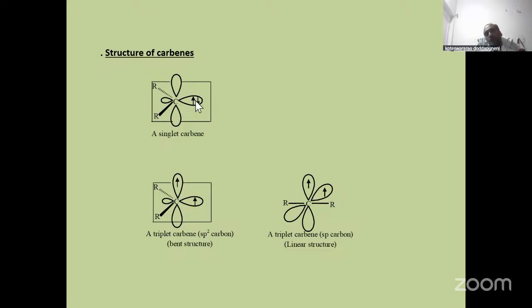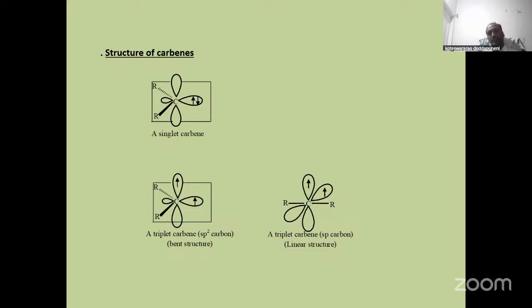Therefore, the sum of the spins of the electrons is zero, singlet. That is calculated with the S into S plus one, or n plus two by two formula.